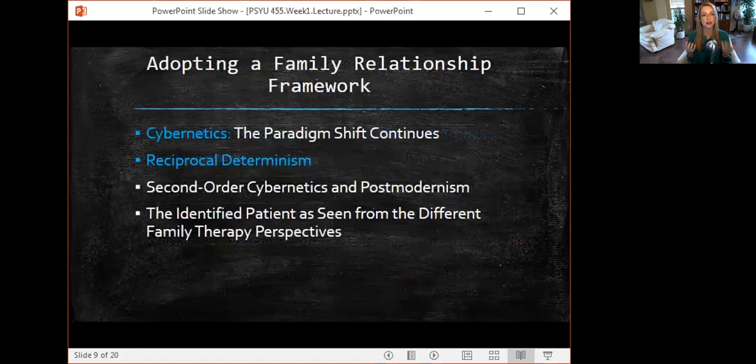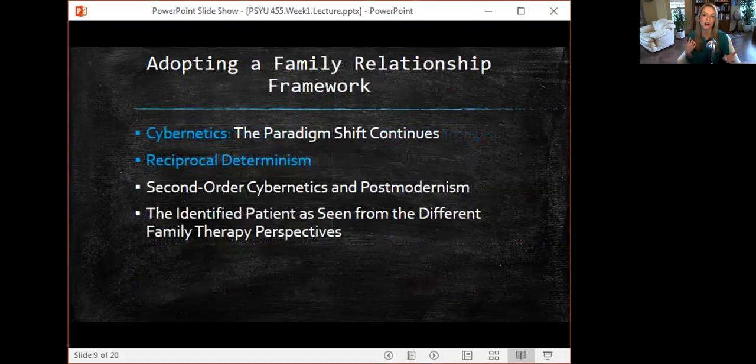It states that a person's behavior both influences and is influenced by personal factors and the social environment. This was a new concept for therapy because therapy was really thought of as an individual or intrapsychic process. When we started to look at social environmental factors, this was a brand new idea.